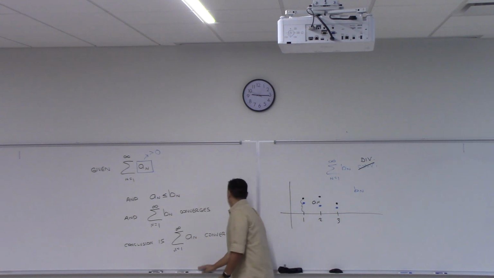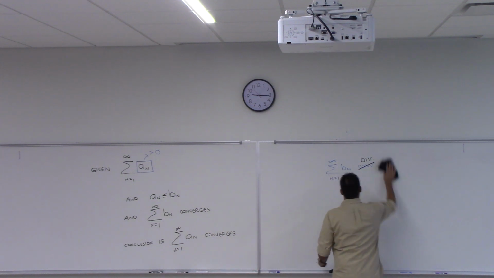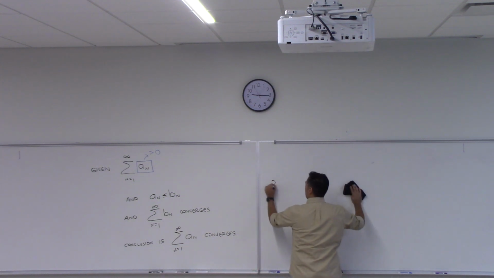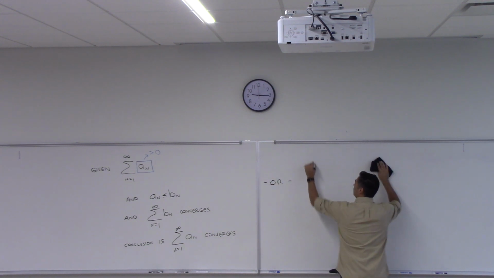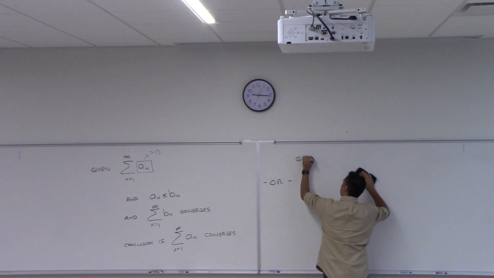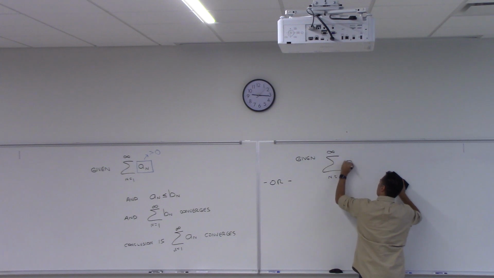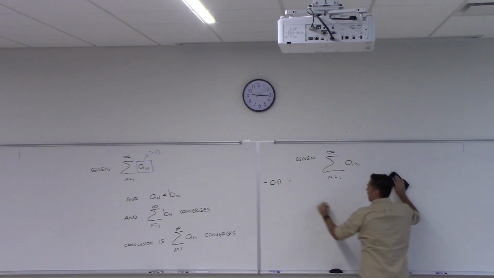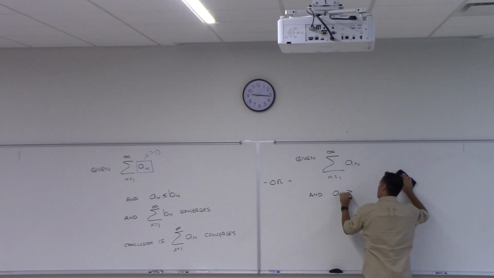On the other hand, this is kind of like an or, like we have another scenario here. We're given some series, right? Those are positive. And we're able to show that our a sub n's are always bigger than or equal to some b sub n's.